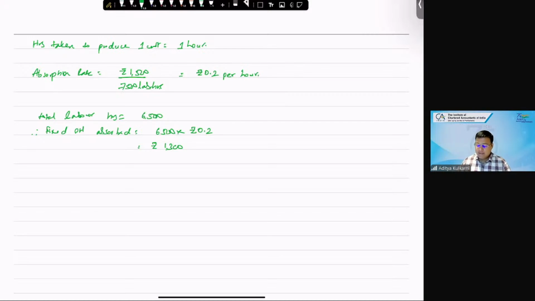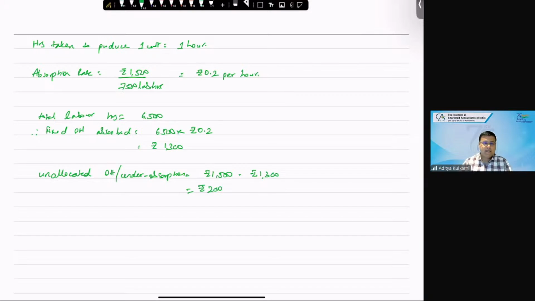Okay. All right. So you will have under absorption or unallocated overheads. Your fixed overhead 1,500. Absorbed is 1,300.